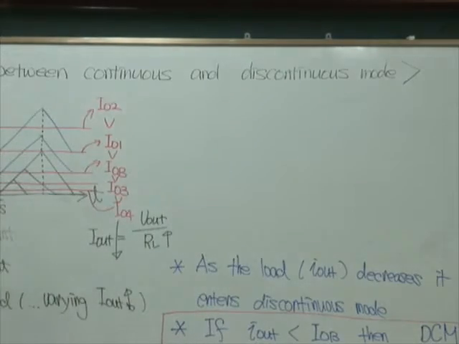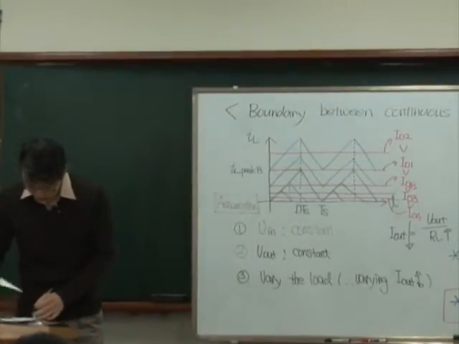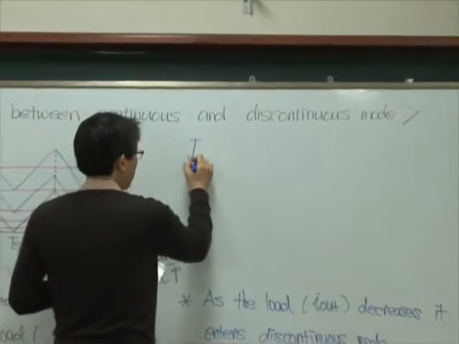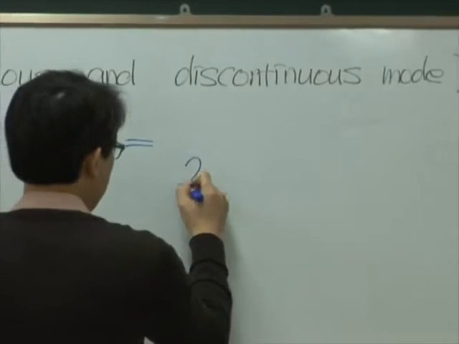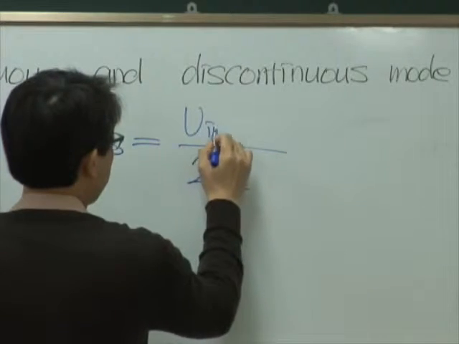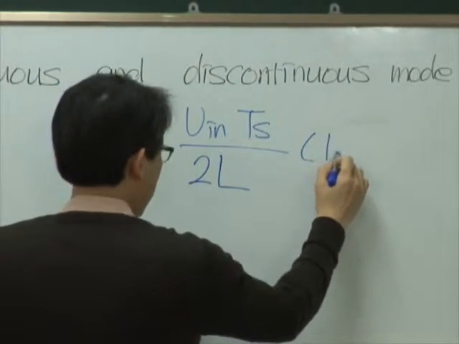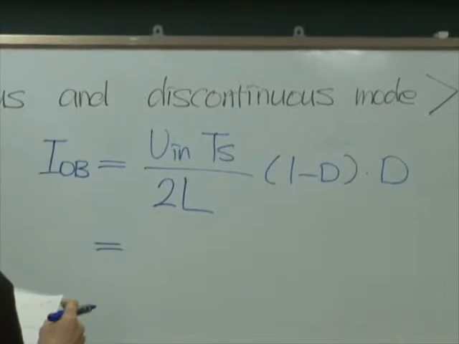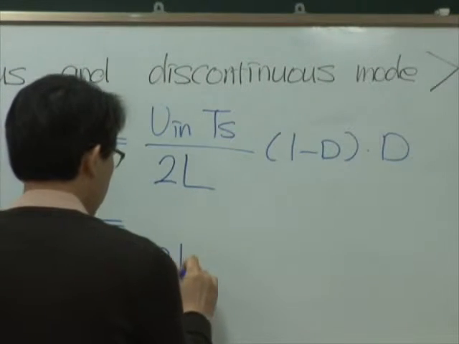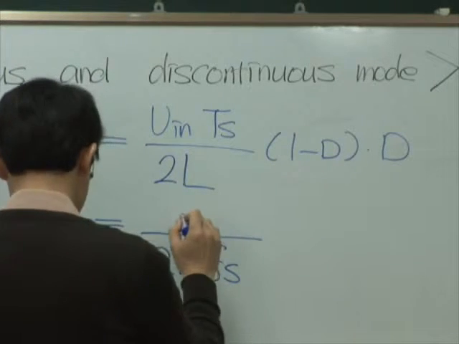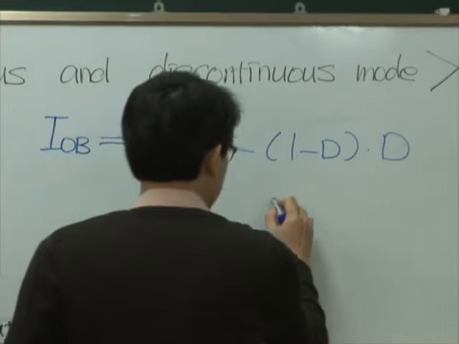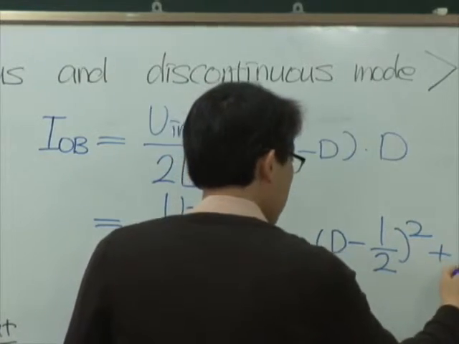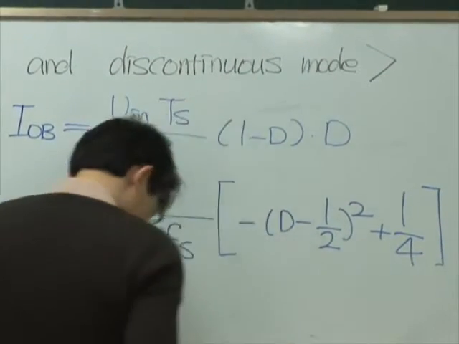What's the value of IOB? If I repeat the calculation of IOB once again, it's 1/(2L) times input voltage times TS times (1 minus D) times D. And this becomes 1/(2L F) times input voltage times D times (1 minus D).